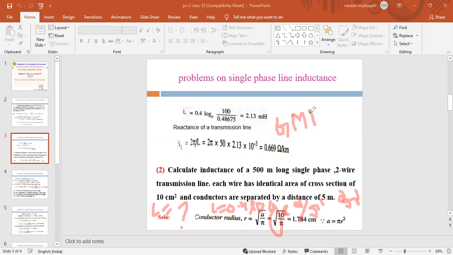What is meant by GMR? That is geometrical mean radius. What is the formula for R dash, the GMR?